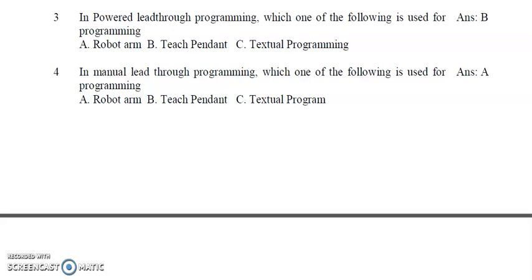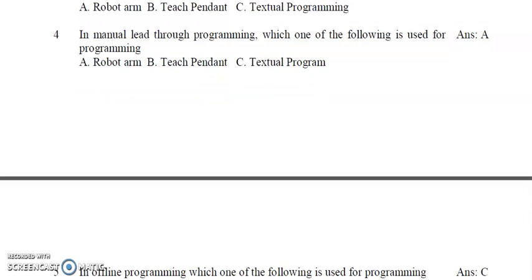A. Robot arm. B. Teach pendant. C. Textual program. So the answer is A. In manual lead through, it is by moving the robot arm itself that we teach the robot the path. In power lead through programming, the path the robot has to move is taught by a teach pendant. That is the difference between manual lead through programming and power lead through programming.